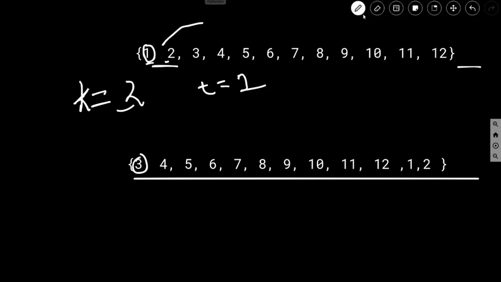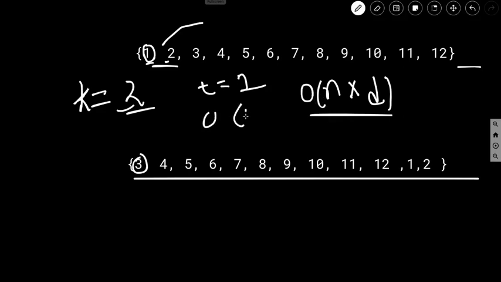The time complexity would not be O(n), it would be O(n times d), because we are shifting the array by n minus 1, n minus 2 every time, and we do it d times. If k equals 3 it would be 3n, for 4 it would be 4n. It depends how many times we are shifting. So the time complexity will be O(n times d), but the space complexity will be only O(1) because we are just taking a simple variable.